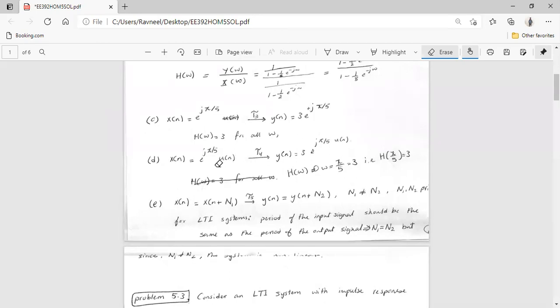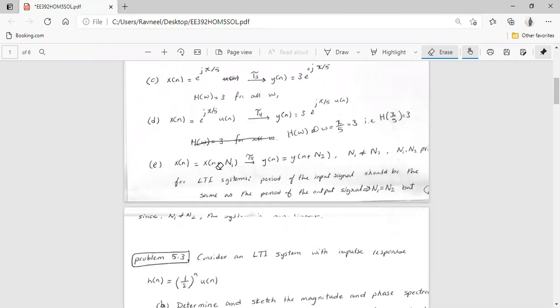What happens is, in this particular case, the same situation exists as above, but this time H of omega is equal to 3 for all omega, but more particularly for pi upon 5, right? So H of pi upon 5 is equal to 3.